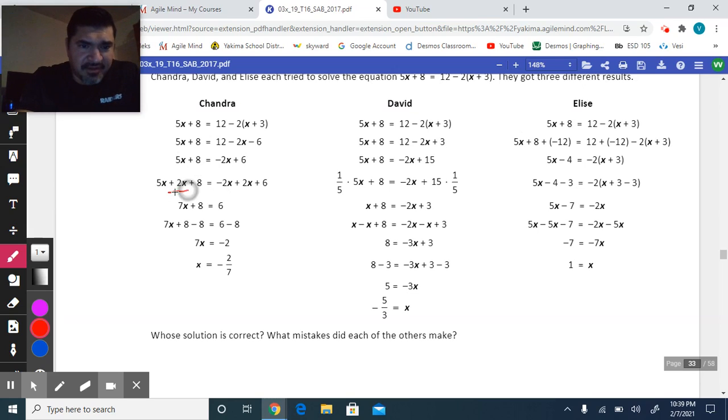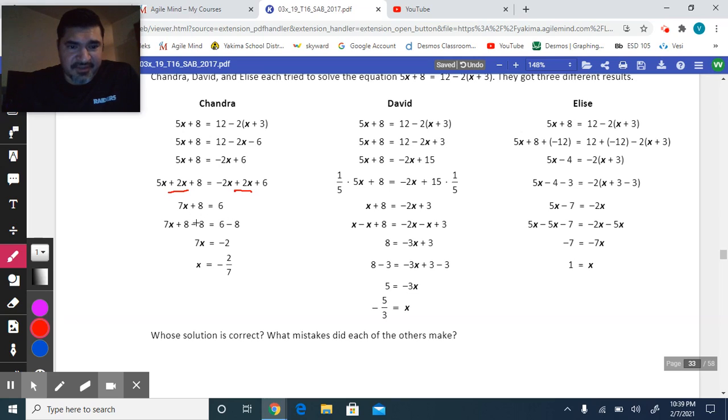Which is right here and here. So we're going to combine like terms. 5x plus 2x is 7x plus the 8 equals, now negative 2x and positive 2x, well, this is going to be 0. And 0 plus 6 is 6.